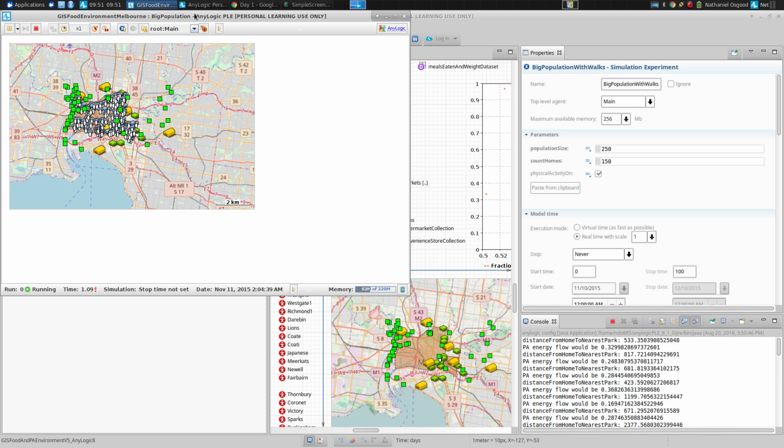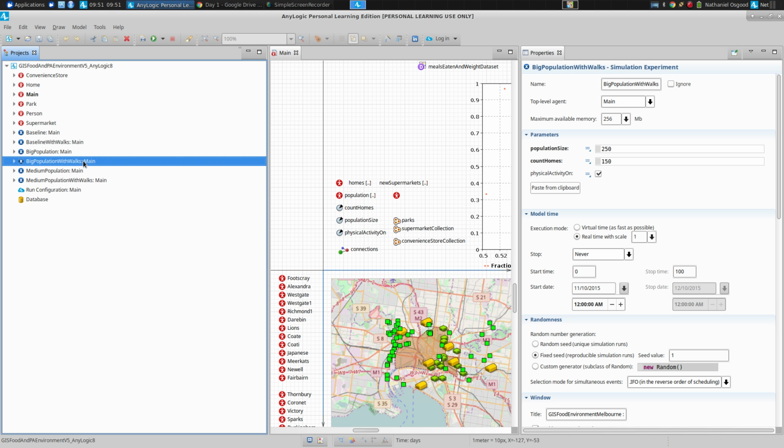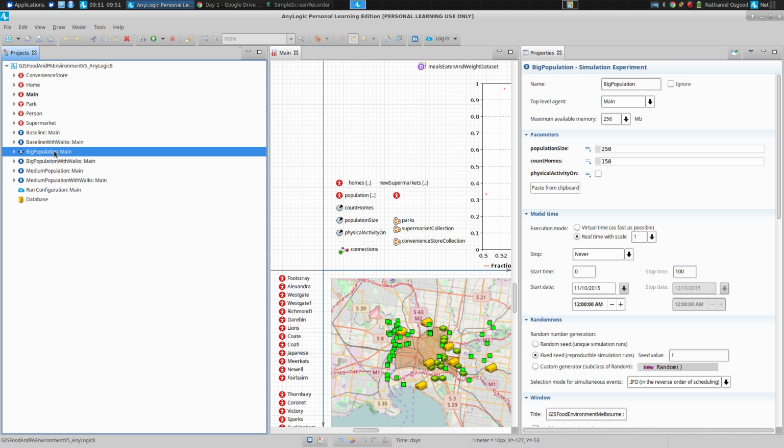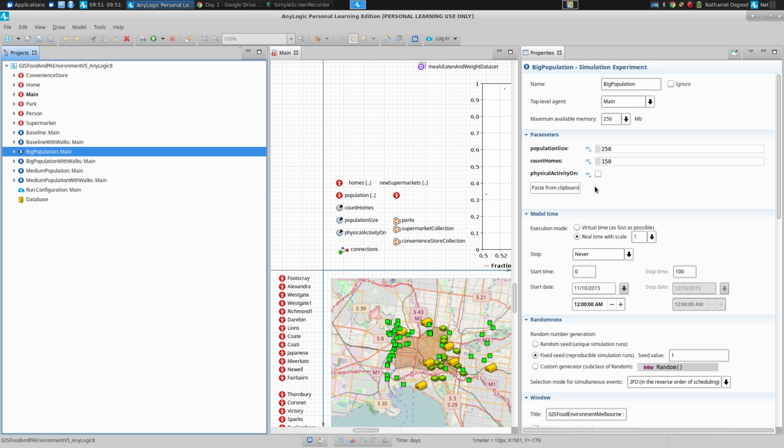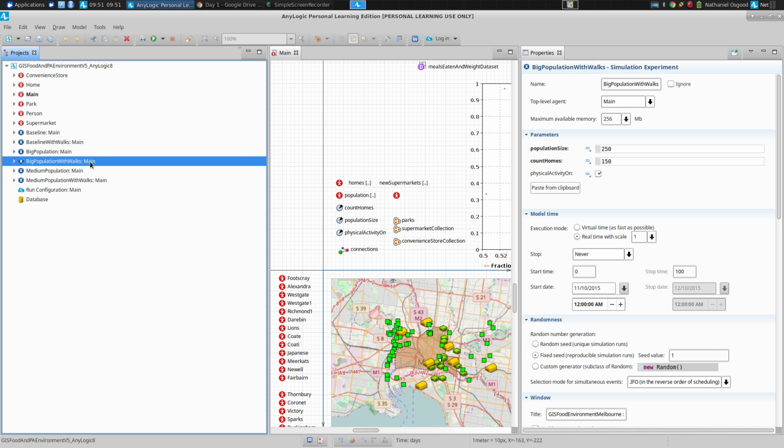How did I do that? I'll rehearse it again. What I did is I right-clicked on big population with walks. You'll notice, maybe I'll just comment here, earlier I ran big population, and notice it said physical activity on here. Big population with walks has that checked. Big population, what we ran before, did not have that checked. So big population with walks, I'm going to run this.